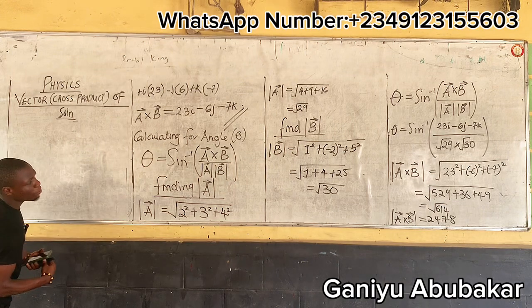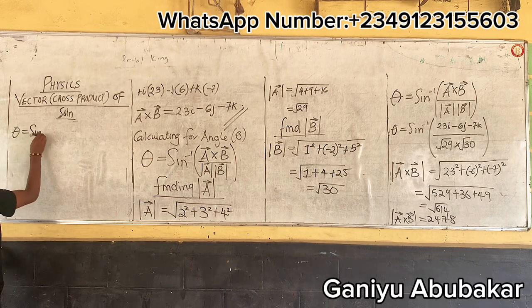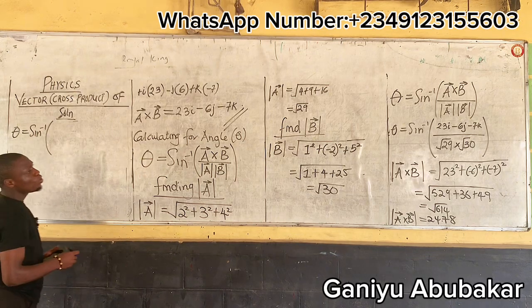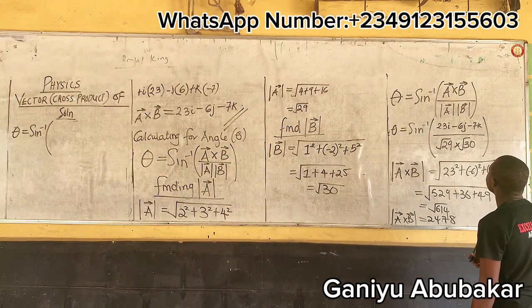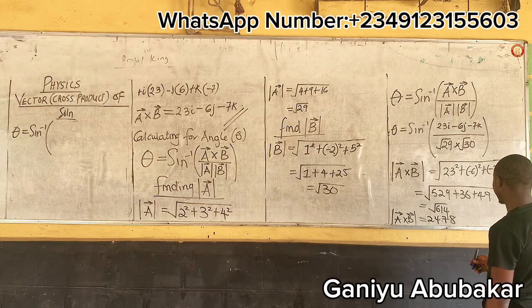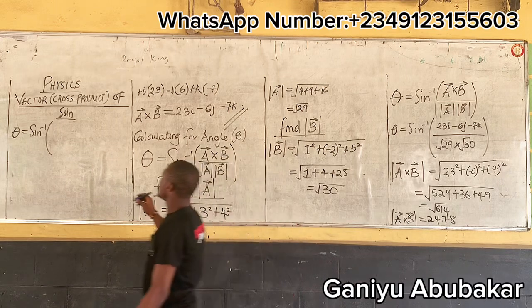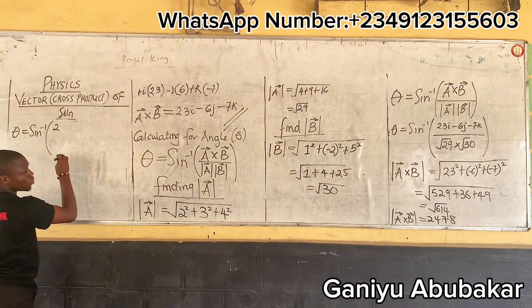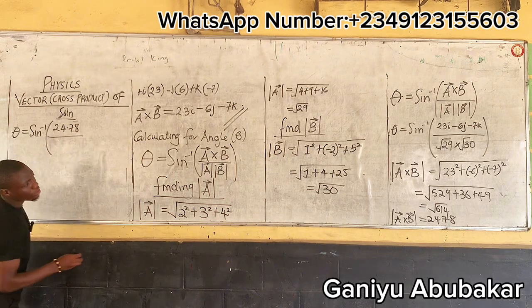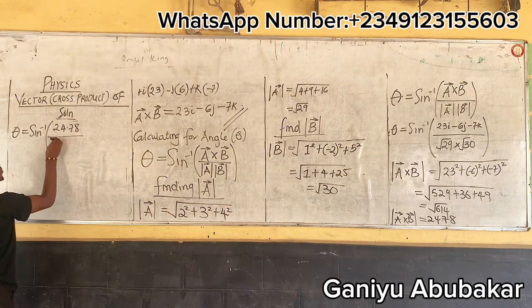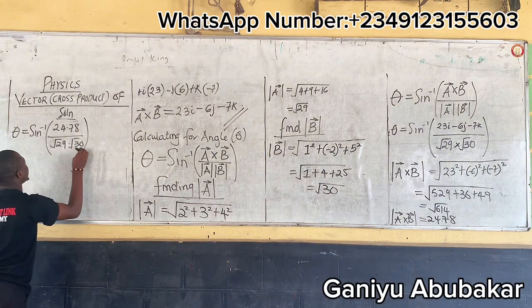From there, the angle will be equal to sine inverse of the magnitude of A cross B, 24.78, all over root 29 times root 30.